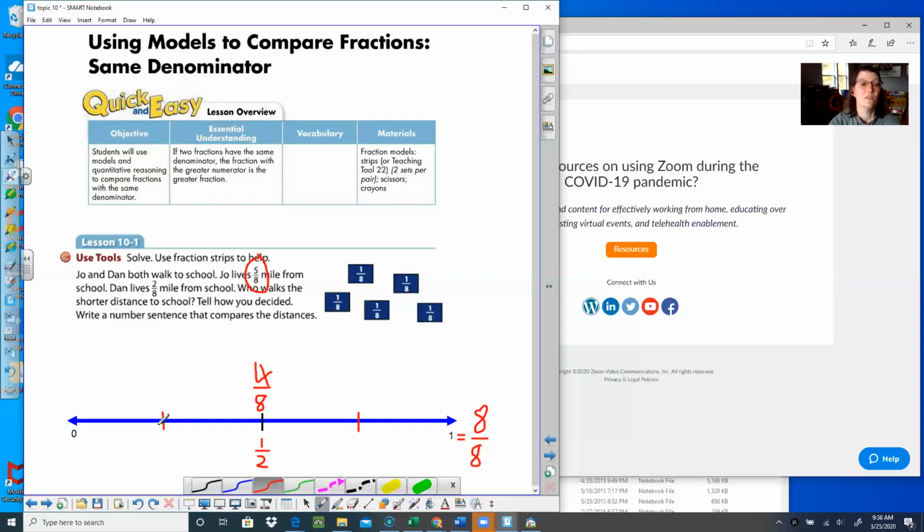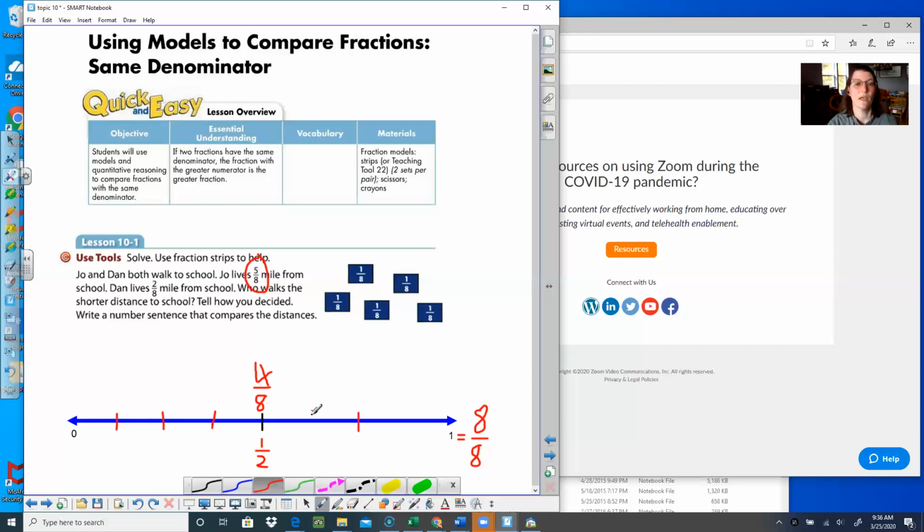Okay, so I have just found the halfway point between these. And I don't have 8 marks yet. So I have 1, 2, 3, 4 marks. I need 8. So I need to keep going. So I'm going to cut this guy in half. Whoop. I'm going to cut this guy in half. Whoop.